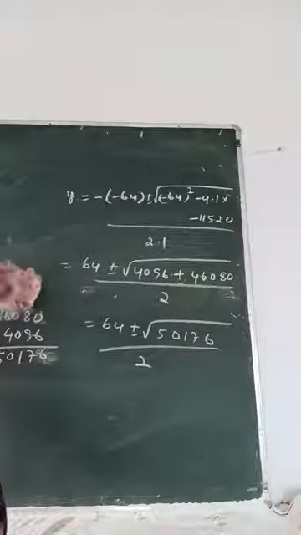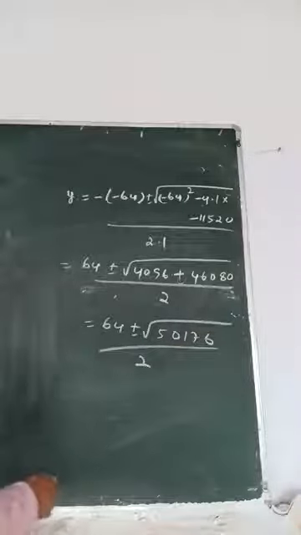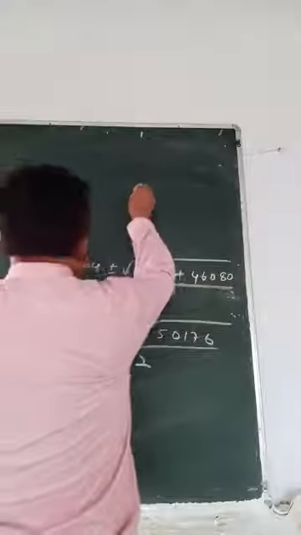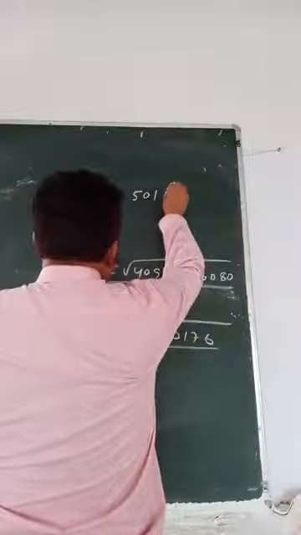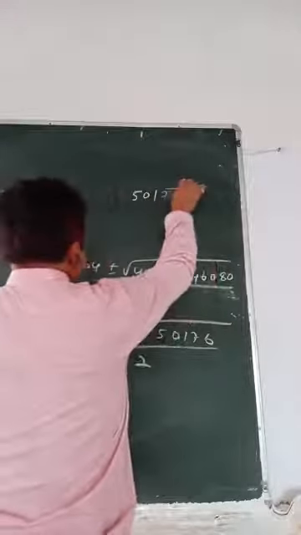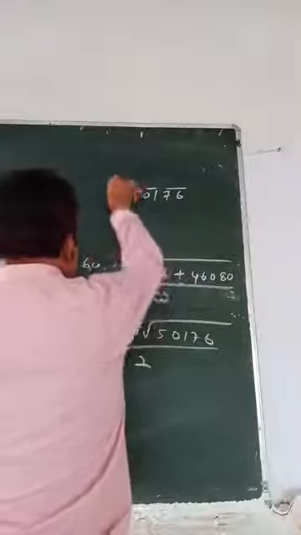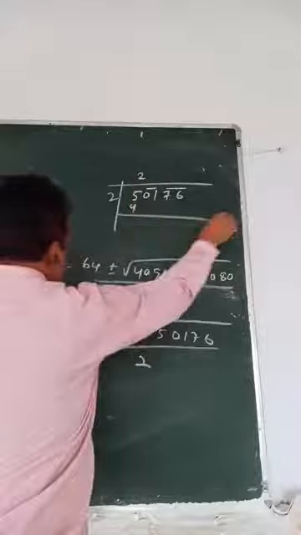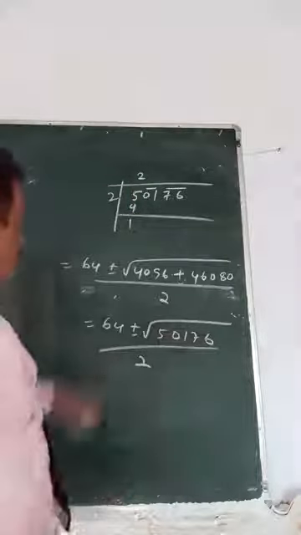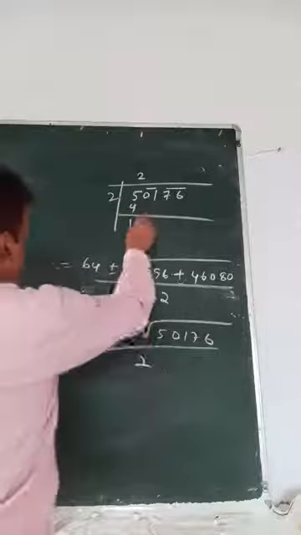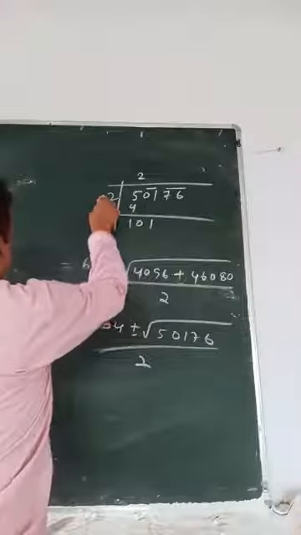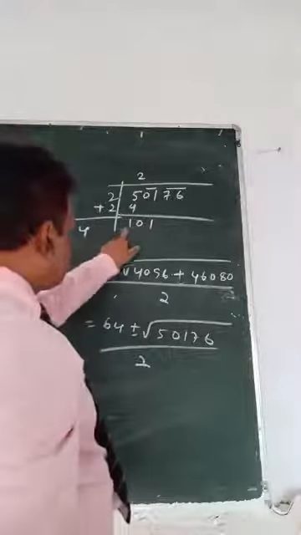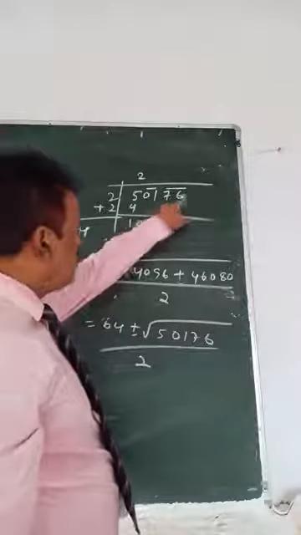Look here. If I draw this, for 50176, make pairs from the right side: first pair, second pair. Now 5, which number will go? 2 twos are 4, then 1. Two digits will come down, 01 will come down, leaving 1 and 4. Take a number closer to this, because the division is not finishing here; two more digits are there.